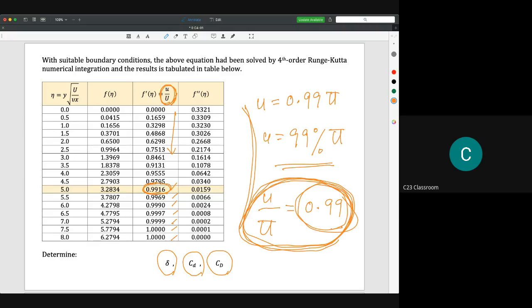Please choose this one because we stick to the definition that the boundary layer occurs until 99% of the free stream velocity.